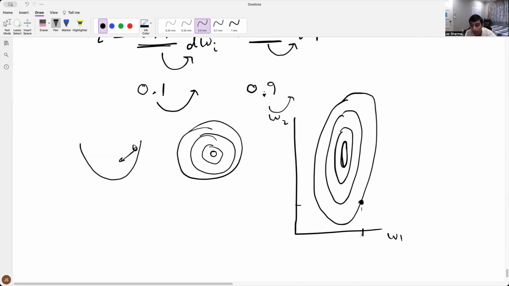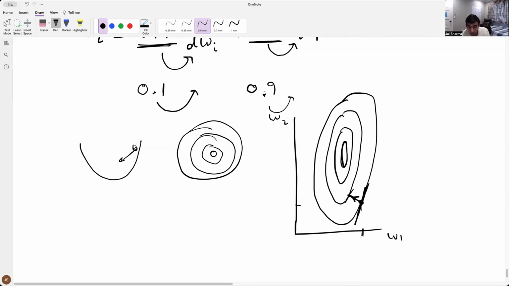At any given time, for this contour, basically the way to minimize the cost would be to go perpendicular to the contour. So you would go perpendicular to whatever the tangent line is here. This is just a fact in math, but basically you would go this way. And let's say we go this way and we end up on this curve right here.